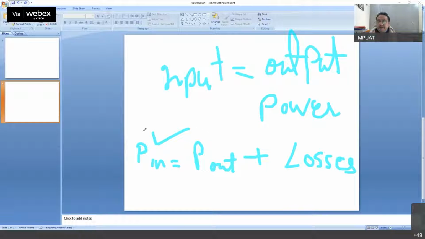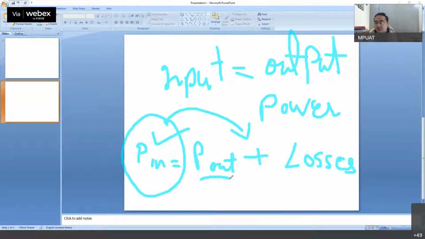So whatever input power you have, you are transferring to the output power. But if you are not getting output power equal to input power, it means there are losses in the system. And our whole objective of a scientist or a researcher is to minimize these losses. And transformer is that versatile device which has the minimum losses, approximately 1 or 2%. That is, it has the highest efficiency.